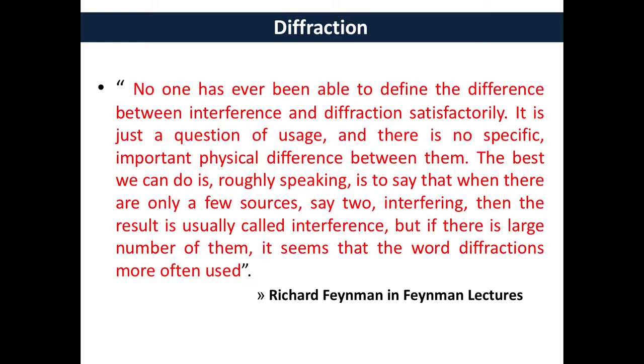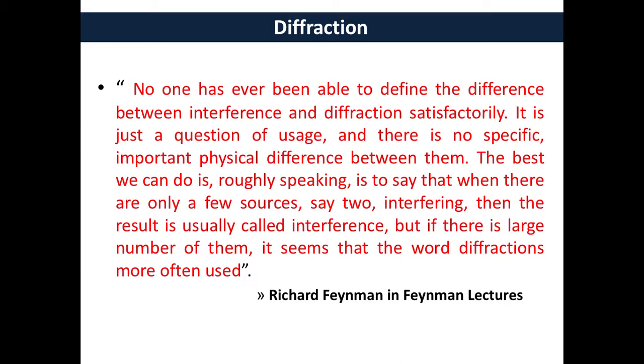The best we can do, roughly speaking, is to say that when there are only a few sources, for example two sources in interference, then the result is usually called interference. But if there is a large number of them, it seems the word diffraction is more often used.